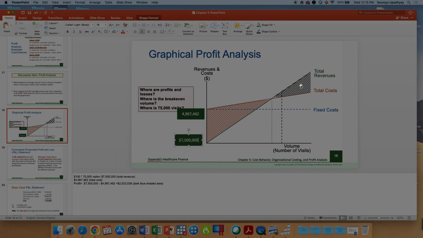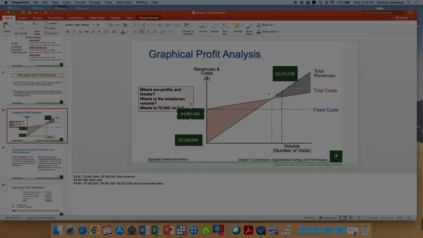The profit is going to be represented here by this triangle that I just showed you, and that is $2,532,538, so approximately $2.5 million. So that's going to be the profit. We forgot the dollar sign here. So the total cost, total revenues, and the profit.